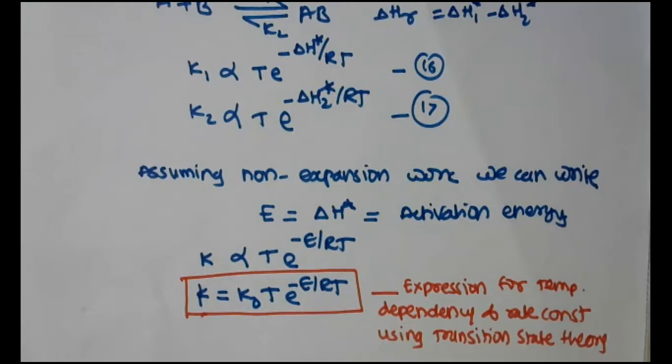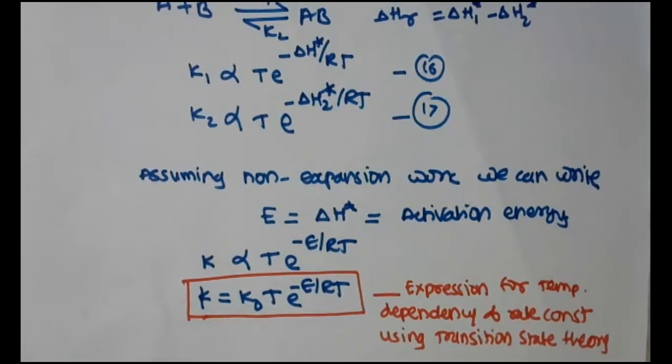And during the simplification, we have used some thermodynamic expression, Van 't Hoff's isotherm, we have replaced the indeterminate term by the term which can be measured, and finally the H star, that is enthalpy change, is replaced by activation energy, and the final expression obtained is K is equal to K0 T e raised to minus E by RT.